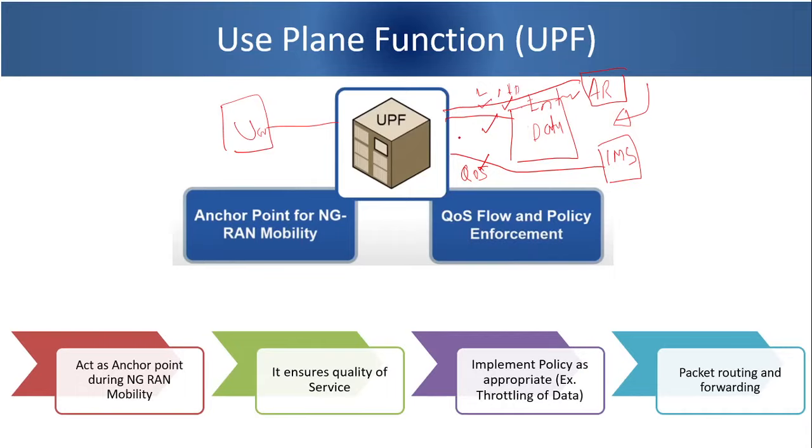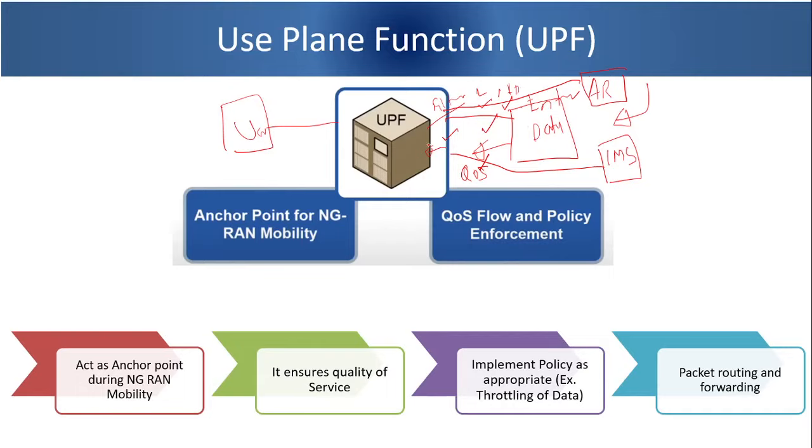So what does the UPF do? It filters the data. How does it filter? It gets a filter rule from the SMF, and based on those rules it is able to filter and apply a specific quality of service, and apply a particular quality of flow ID on the downlink side, right?